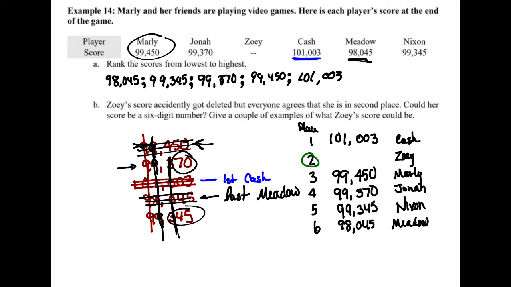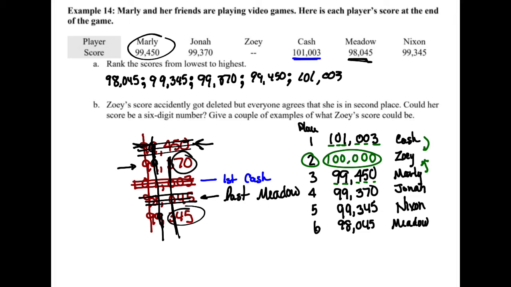Okay, if Cash has a 6-digit number, 1, 2, 3, 4, 5, 6, and Marley has a 5-digit number, could Zoe's be a 6? So the lowest 6-digit number is 100,000. Does that work? Is it less than Cash and greater than Marley? Yes, it is. So that's a possibility, isn't it? Okay, so that's one example.